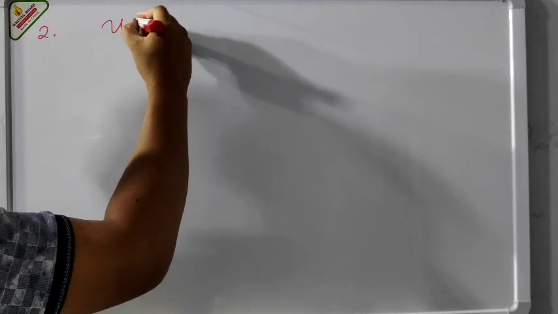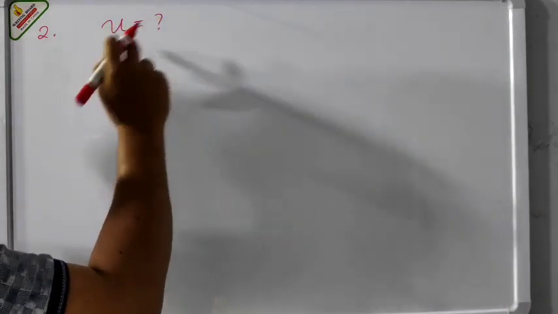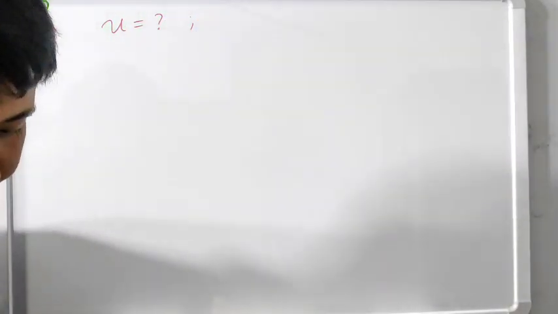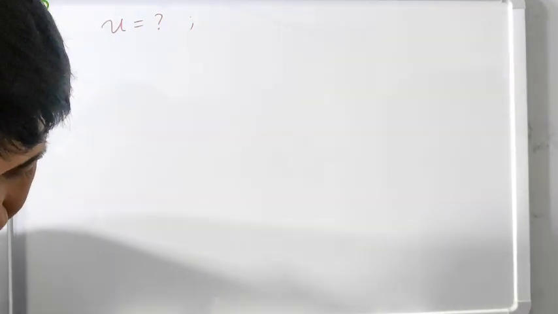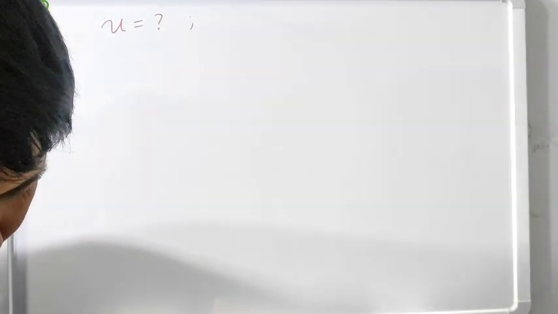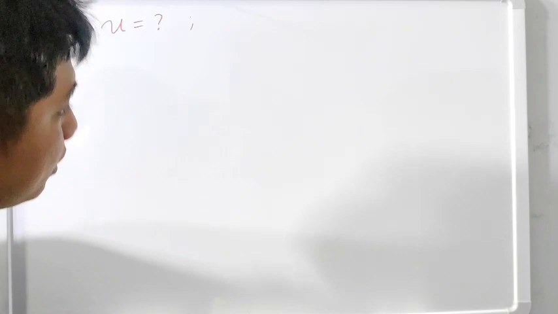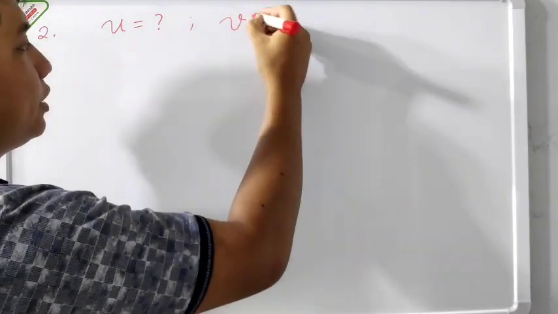Now let's go to question number 2. Calculate the initial velocity of a train which is stopped in 50 seconds by applying brakes. The retardation due to brakes is 0.5 meter per second square. Here we are going to calculate the value of u, the initial velocity. Stopped means the final velocity is 0.